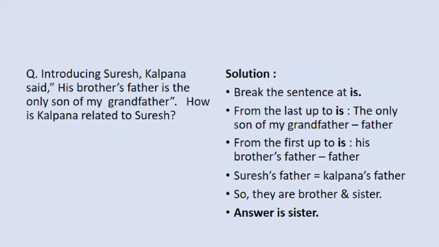The next question. Introducing Suresh, Kalpana said, "His brother is the only son of my grandfather." How is Kalpana related to Suresh? Here again, because there is a relationship statement, we are breaking the sentence at "is".